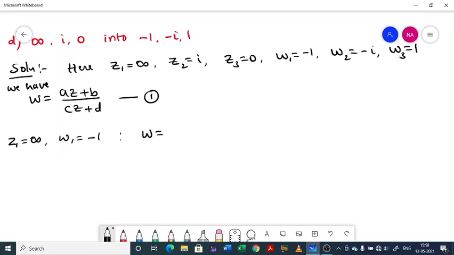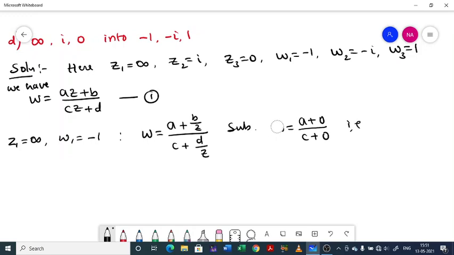See, here it will be actually after cancelling a plus b by z divided by c plus d by z. Now substituting the values, we will be getting w equal to a plus 0 divided by c plus 0. So that is okay, w value is minus 1. So a plus c equal to 0, that is first equation.